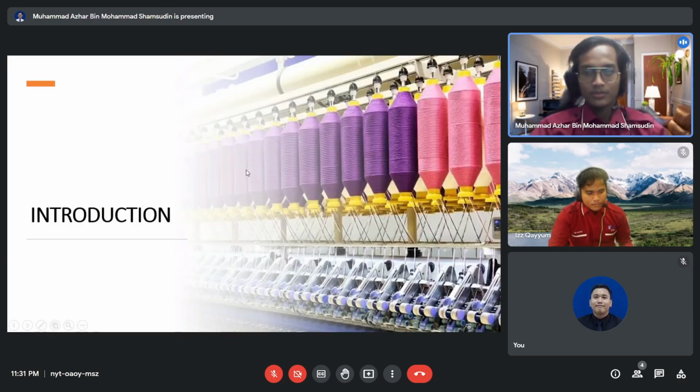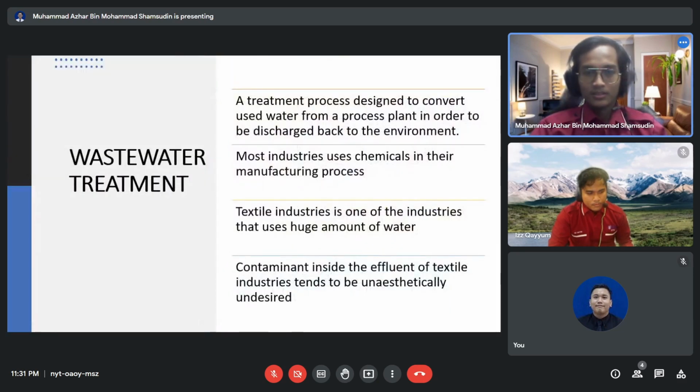For the introduction, wastewater treatment is a treatment designed to convert used water from any process of a plant in order to discharge it back to the environment. The treated water can also be used back in the system itself to reduce water supply, as well as being discharged into nature.